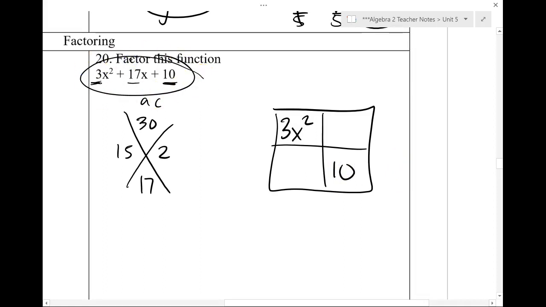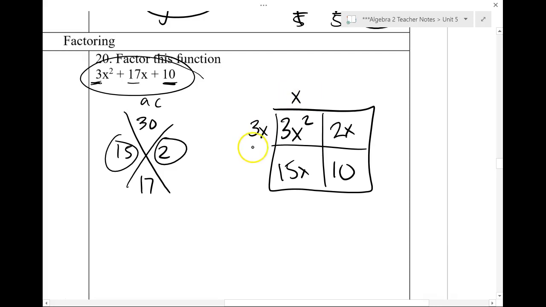And then you take your terms that you found, the 15 and the 2, and that becomes 15x here and 2x here. And so whatever those terms are, they just become that number with an x next to it. Now it's kind of like a puzzle. You got to figure out, what would I multiply to get 3x squared? Well, it'd be 3x and x. But then you got to figure out, where am I going to put it? So let's put the 3x here and the x here.